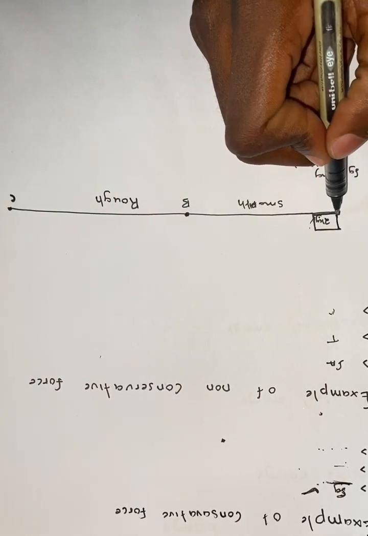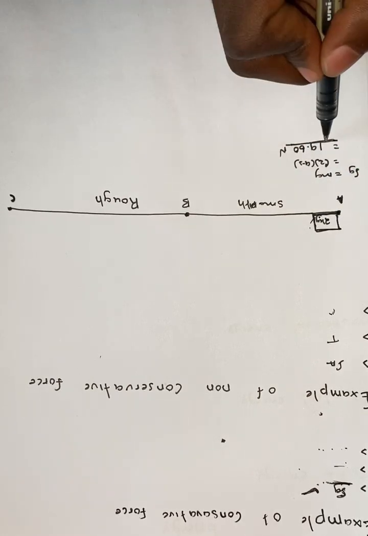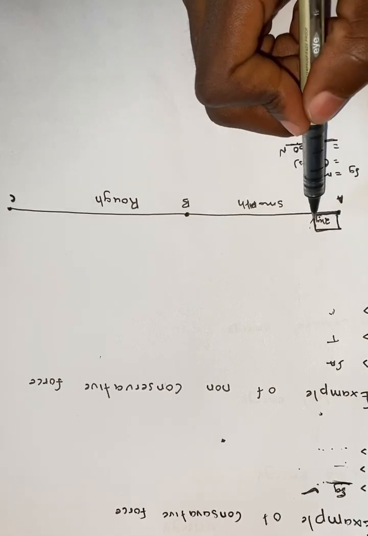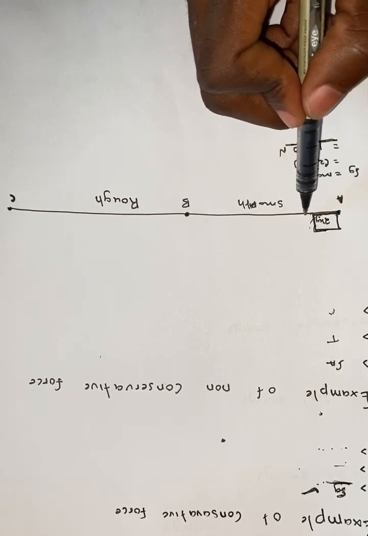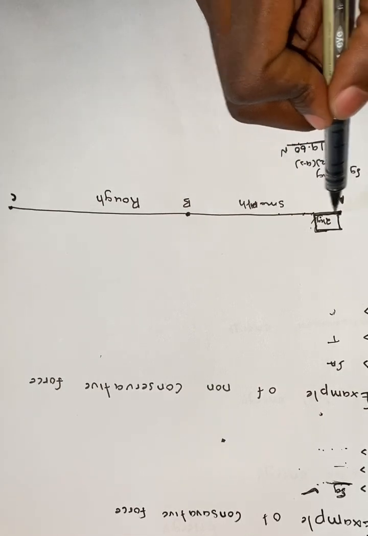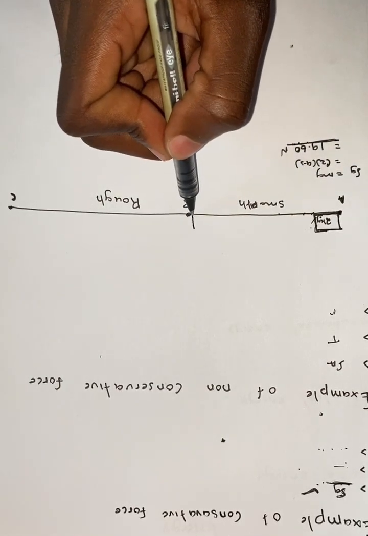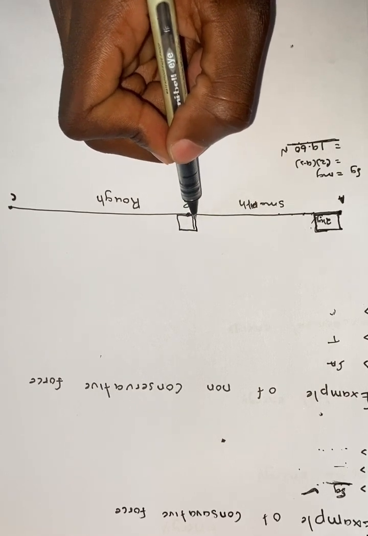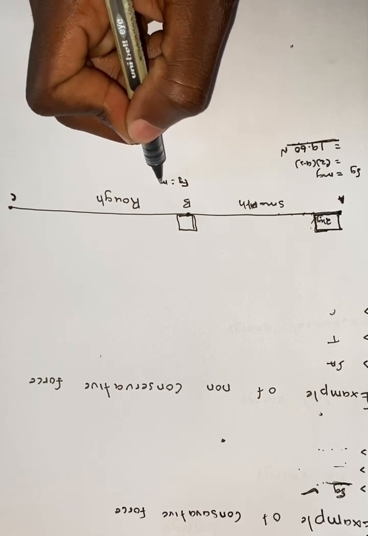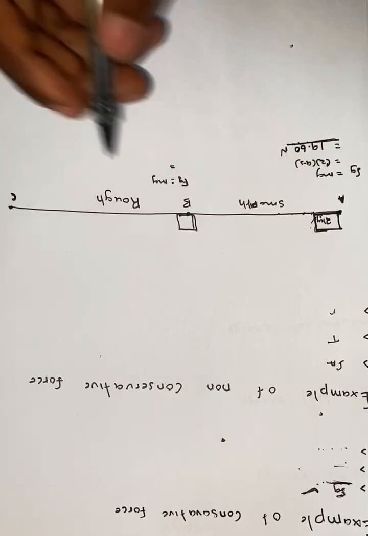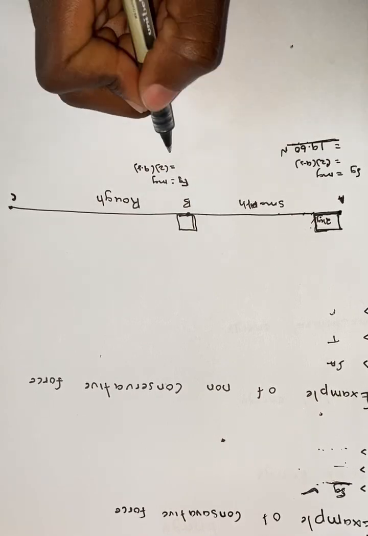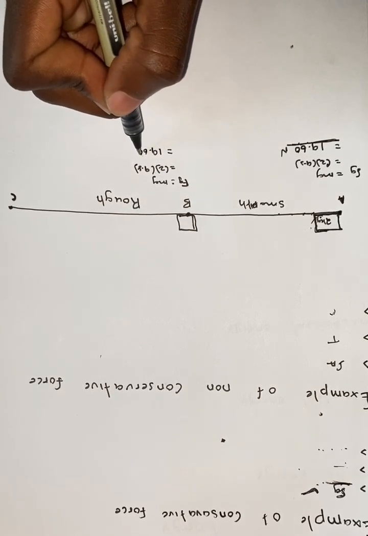Let's say this object moves on the smooth surface from point A to point B. What will be the gravitational force at point B? Still, Fg is equal to mg, the mass does not change throughout the journey, and 9.8 is constant. It should give us 19.60.